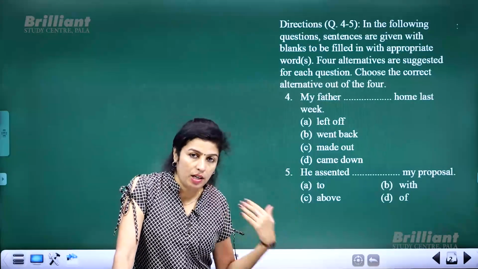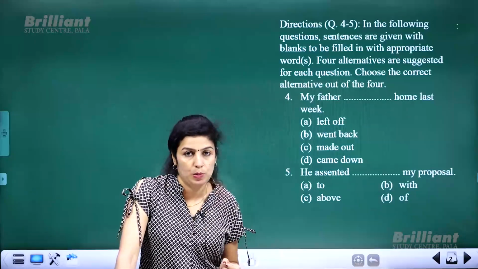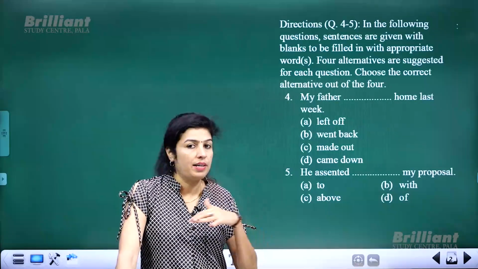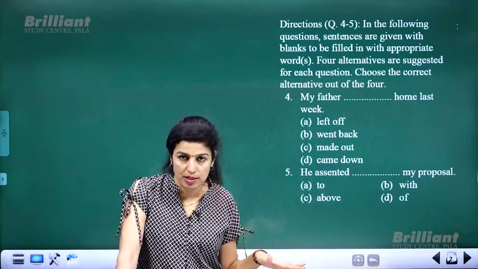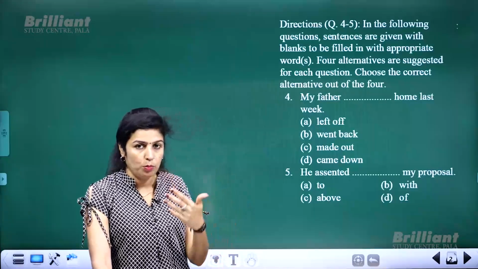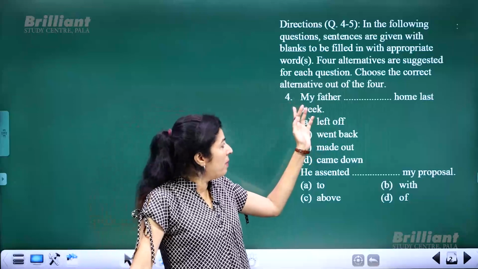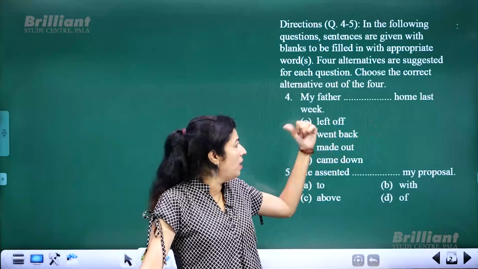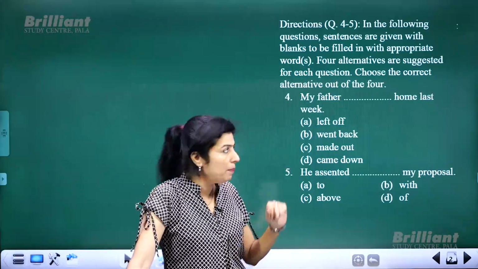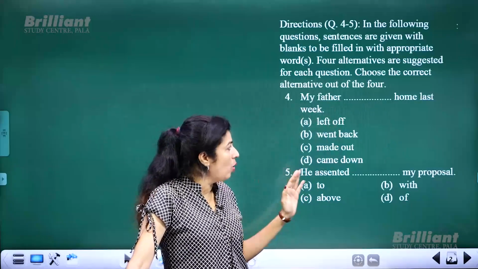Wherever required, the correct preposition must be used, and where it is not required, you should not use it. So you have to be a bit careful while using prepositions. Here: my father dash home last week.